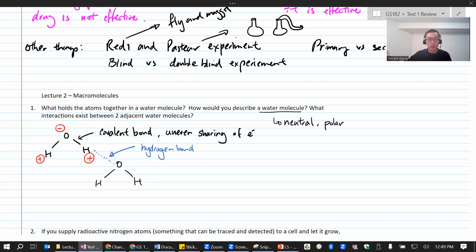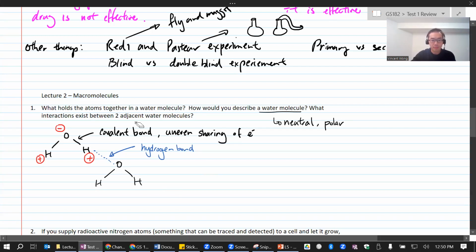Well, what other molecule has hydrogen bonds in it? Molecules that we've talked about in great detail. Yeah, protein, right? Thank you, Justine. We have hydrogen bonds that hold the structure of proteins together. We have hydrogen bonds also in DNA that hold the nucleotides together. So more on that later. But that's basically the water molecule.